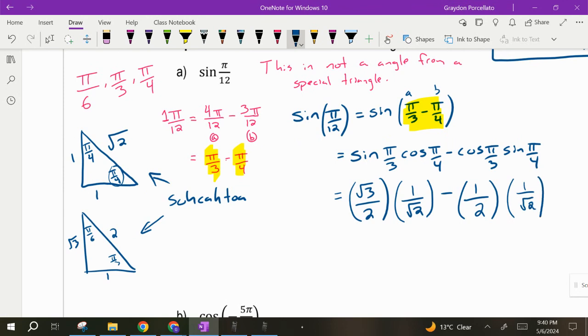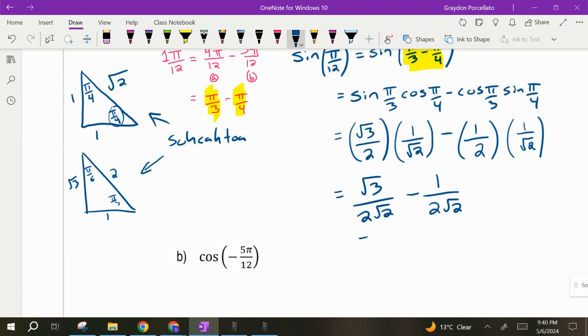So we can simplify this. Multiplying fractions is top times top, bottom times bottom. Notice these have a common denominator, so we get root 3 minus 1 over 2 root 2.